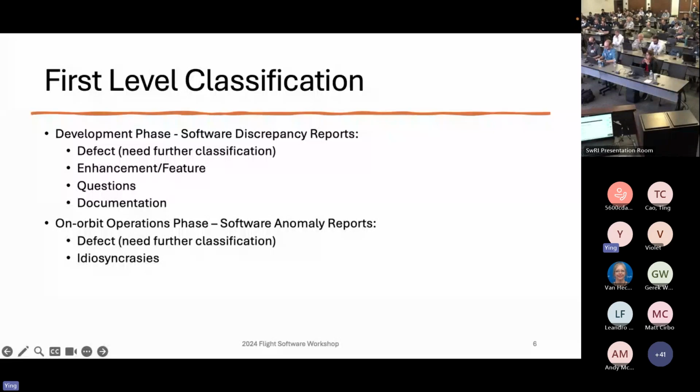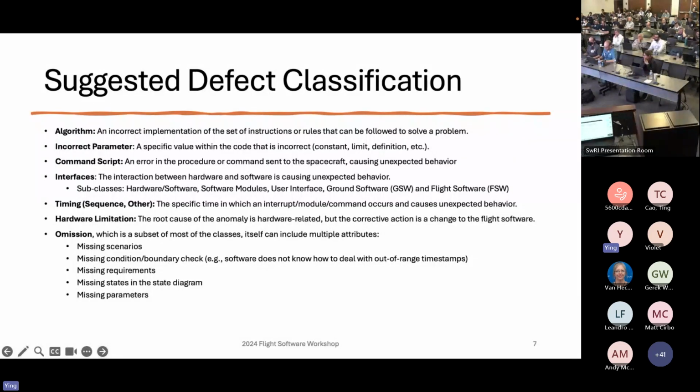You can see that it's still a kind of high-level breakdown: the algorithm, the parameter, command script, interface, timing issue, hardware issue. And there's a very interesting category here that in a lot of cases is missing: missing scenario, missing a condition, missing a state, missing a requirement, missing parameters. A few JPL projects adopted this breakdown and introduced it in their tracking system. So that's great.